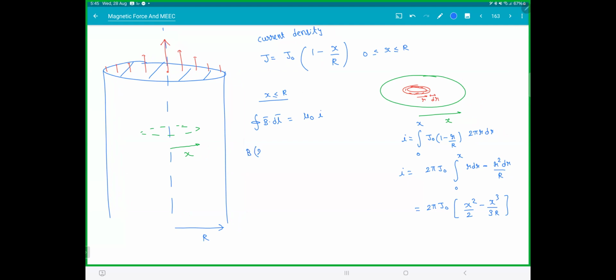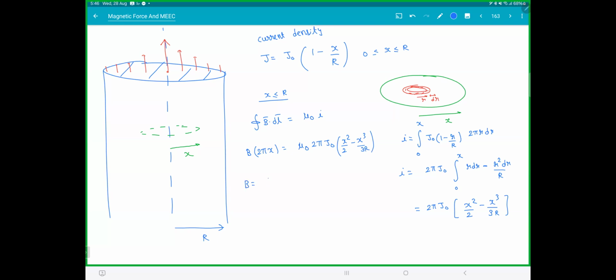So B into 2 pi x is equal to mu naught, 2 pi J naught, x squared by 2 minus x cubed by 3R. 2 pi will go off, one x also will go off.